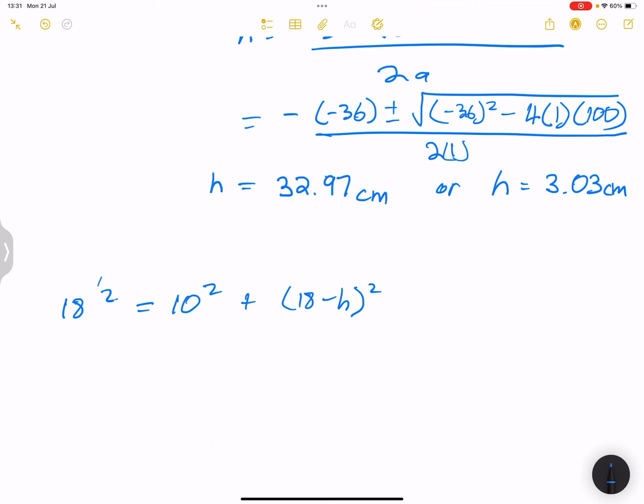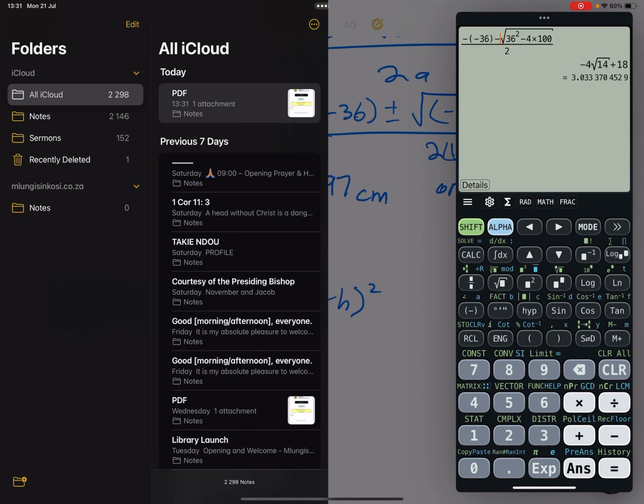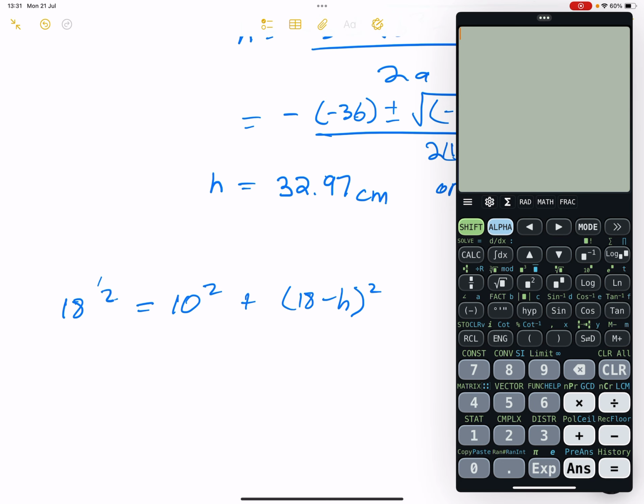Where's my calculator? Okay, sorry about that. So that's 18 squared minus 10 squared. Okay, and that gives me 224. This is equal to 18 minus h all squared.